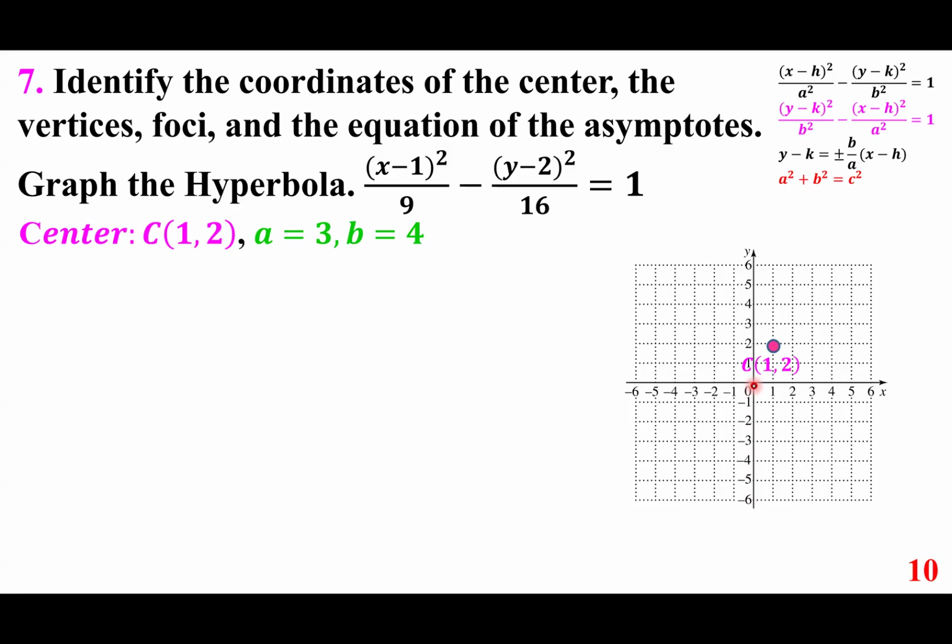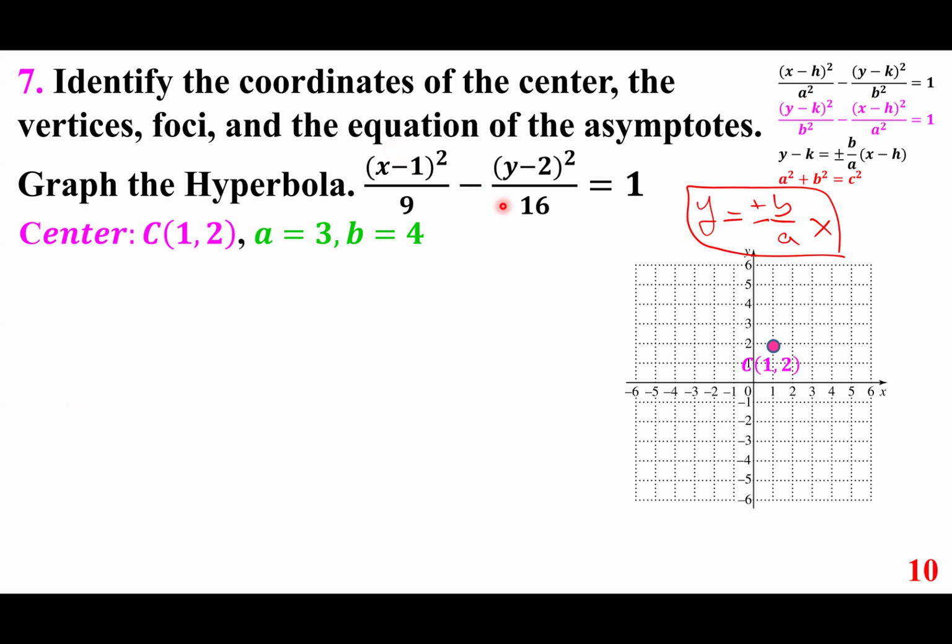Now, as far as asymptotes are concerned, the easy way to write that, again, I'm reminding you that for the center at 0, 0, we have plus or minus b over a times x. So look at this one. The y changes to y minus k, the x changes to x minus h.